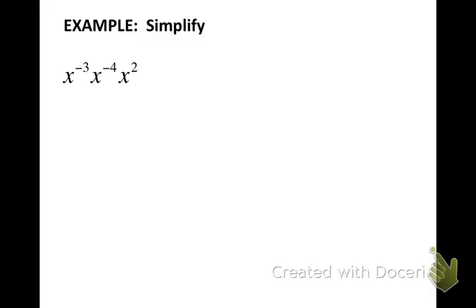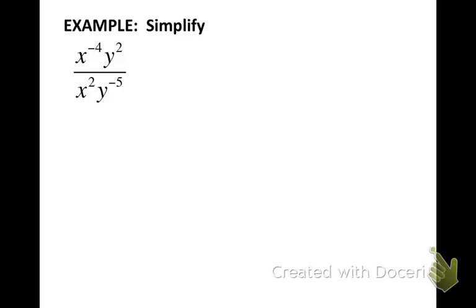Alright, do I have any other crazy ones? Those are all really easy. How about this one? X to the negative 4, y squared, all over x squared, y to the negative 5. Now there's lots of different ways you could do this. What I personally would do is I would move everything so that I get to positive exponents.